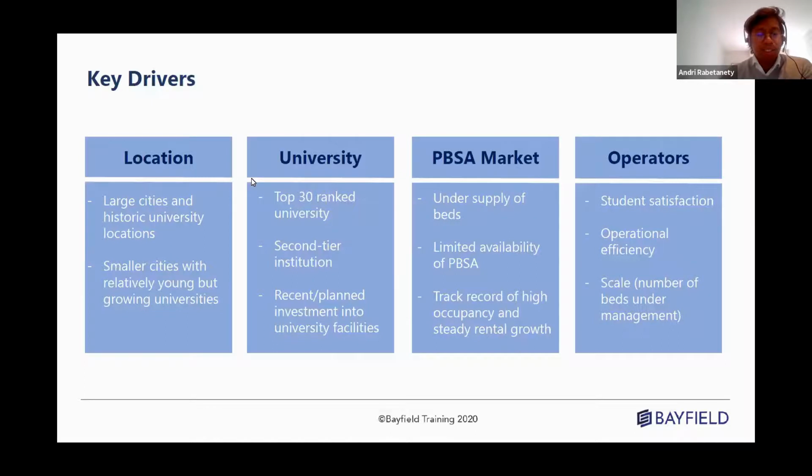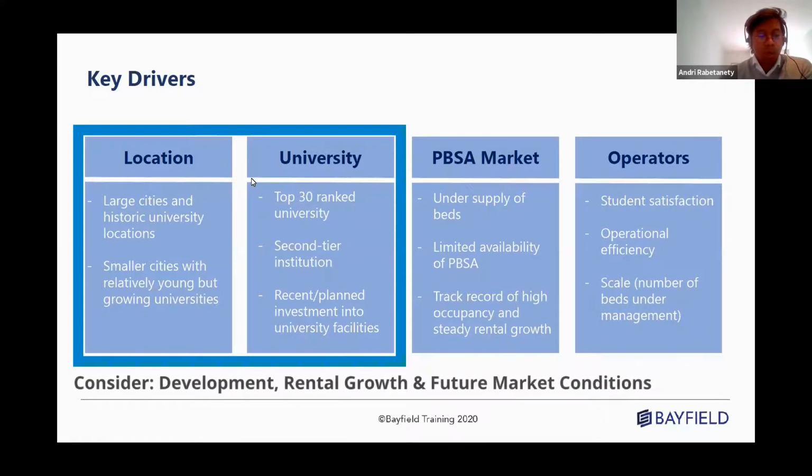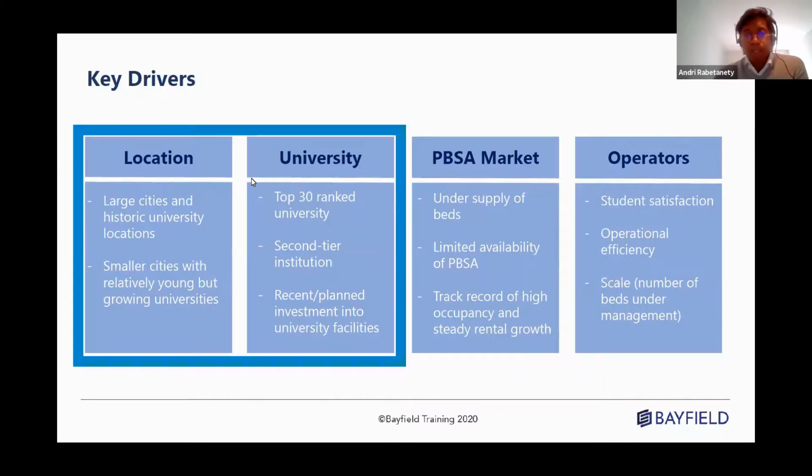The complexity and maturity of the markets also allows us to categorize the markets according to the scale of developments, rental growth opportunity, and future market conditions. So you have different types of markets that also drive different types of universities.